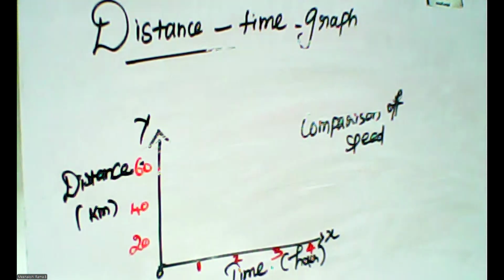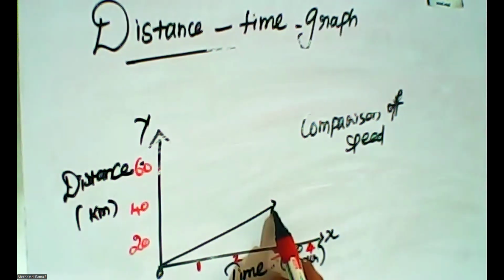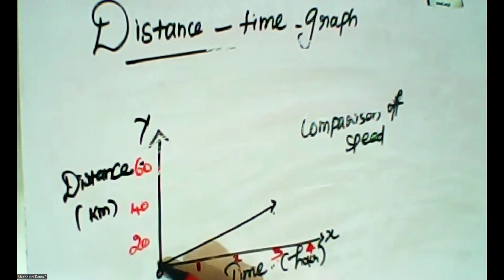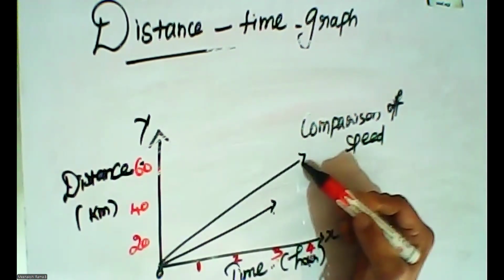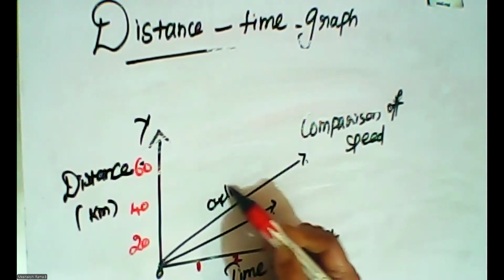Walking is the slowest. Within 3 hours he crosses 20 kilometers. And the next person crossed the distance by cycling.